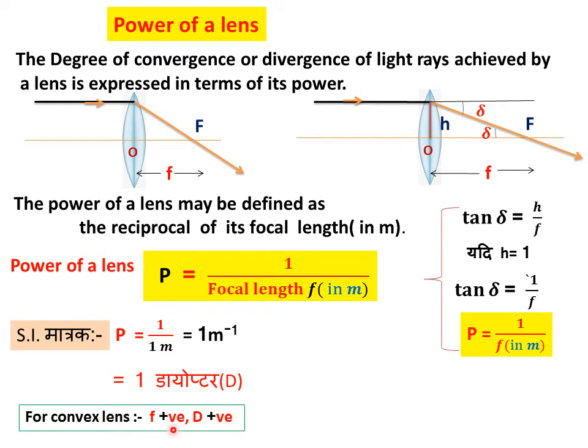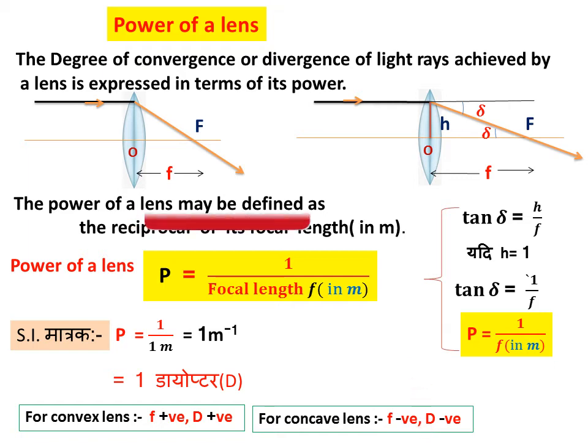For a convex lens, we know that focal length is positive, so when f is positive, P will be positive, so the power of a convex lens will be positive. And for a concave lens, we know that f is negative, so P will be negative.